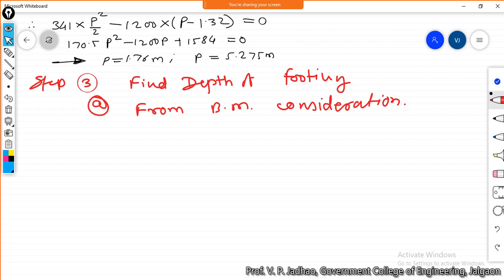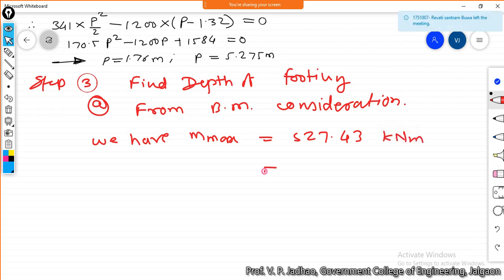We know that the maximum bending moment M max is equal to 527.43 kilonewton meter. We can convert this into Newton mm, so this will be equal to 527.43 multiplied by 10 raised to power 6 Newton mm.